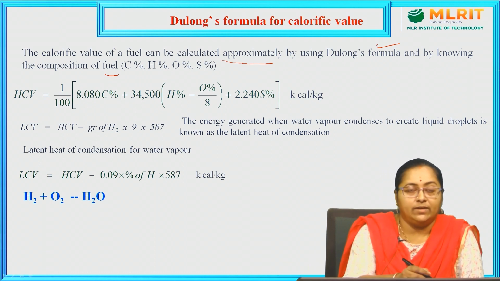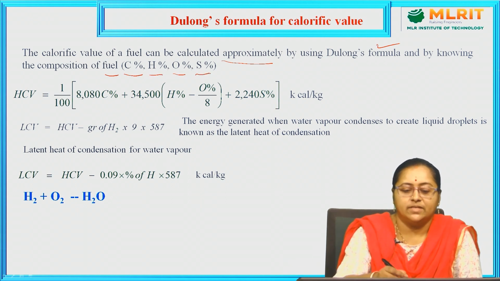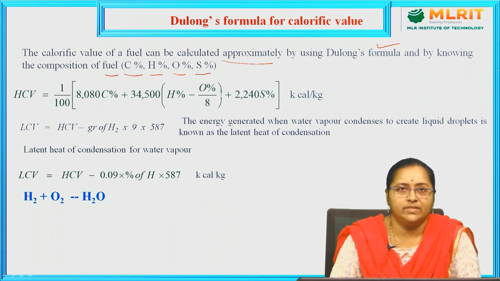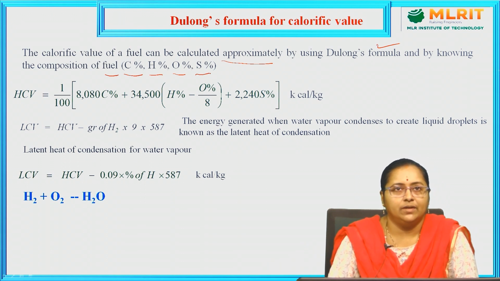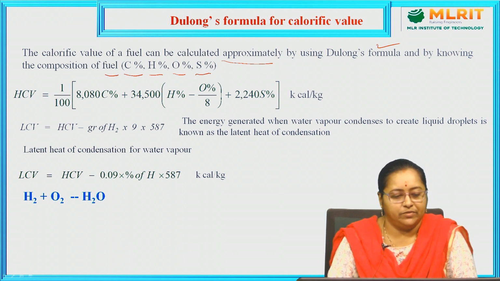So, what data do we need? Percentage of carbon, percentage of hydrogen, percentage of oxygen and percentage of sulfur. In the previous session, we discussed the chemical composition of any fuel sample. If I say any chemical is an example of a fuel, it should be highly carbonaceous in nature.